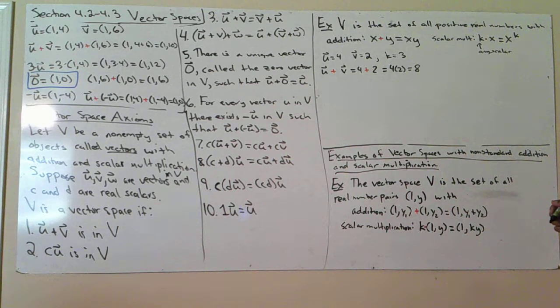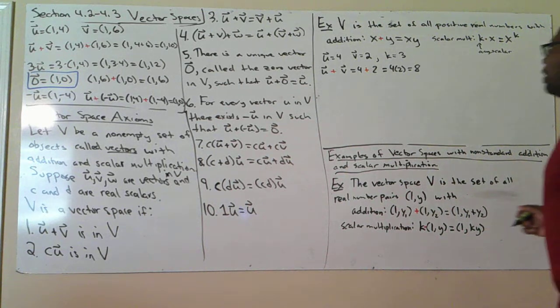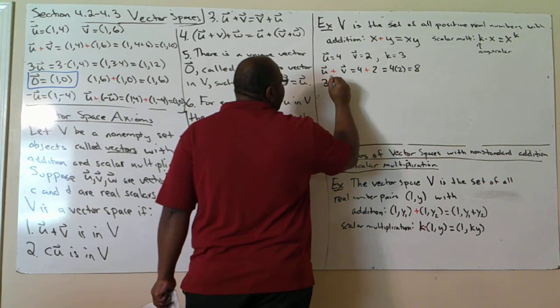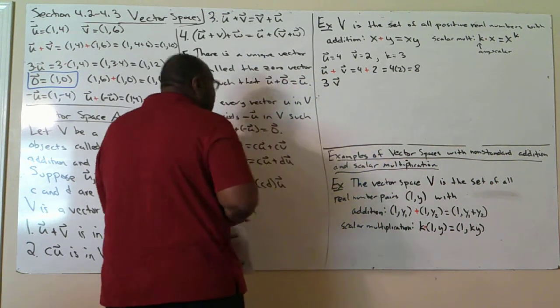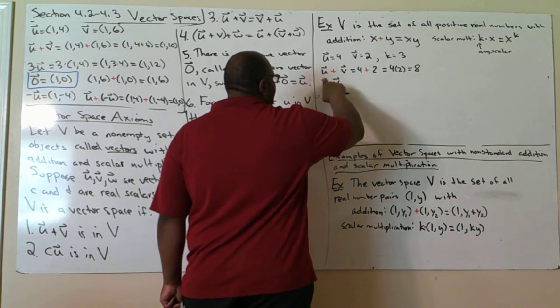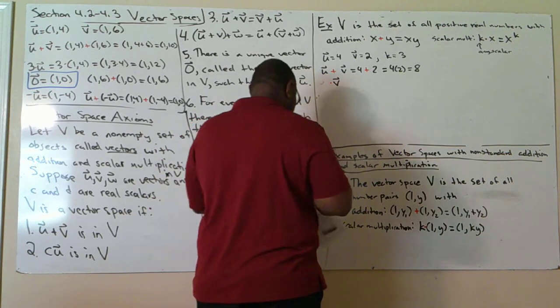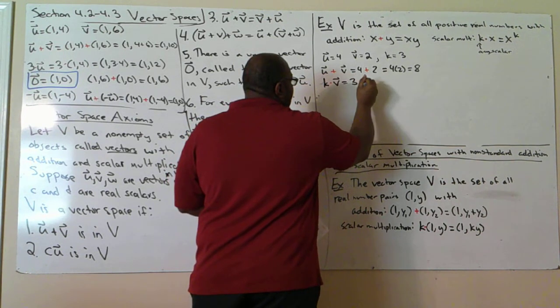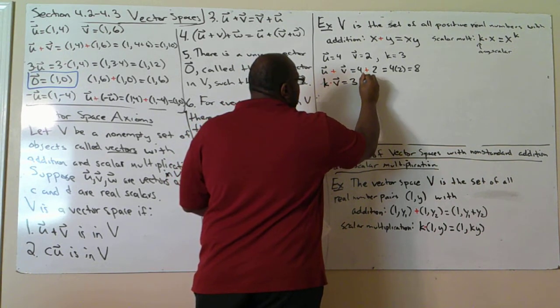What about k times v? Let's do k times v. So I have 3 times v. That's my k. Which is the same thing as 3 times, what was it, v is 2.